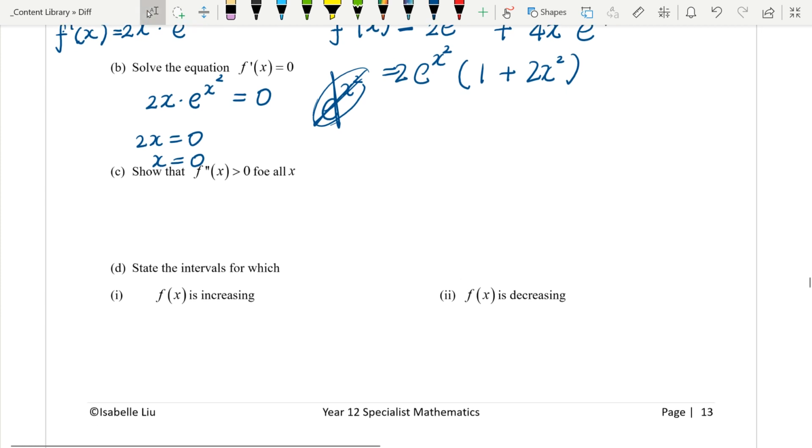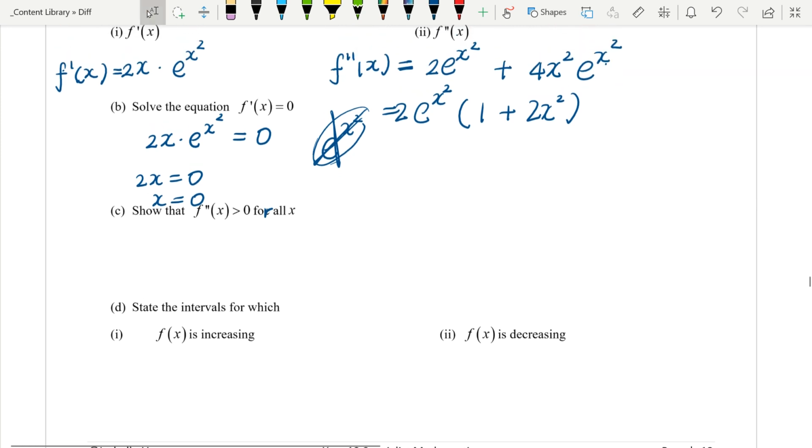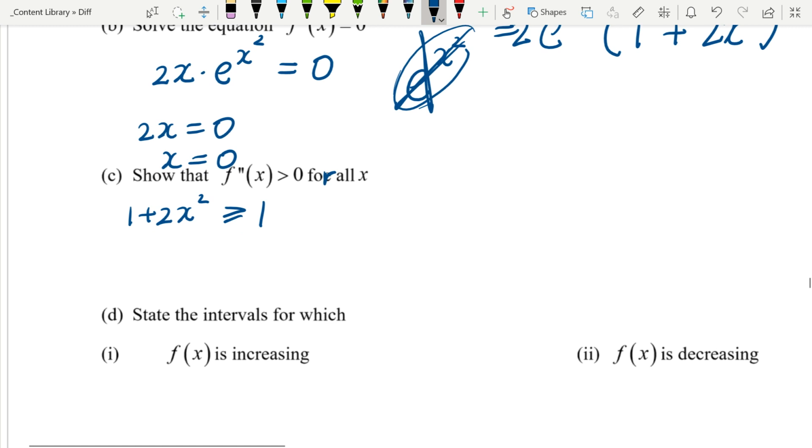Okay, show that f double dash x is greater than 0 for all x. That's part 4. How to show that? I can say greater than or equal to 0, it will be the same, but I just want to say greater than 0.